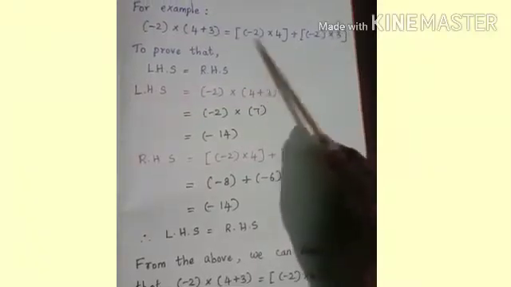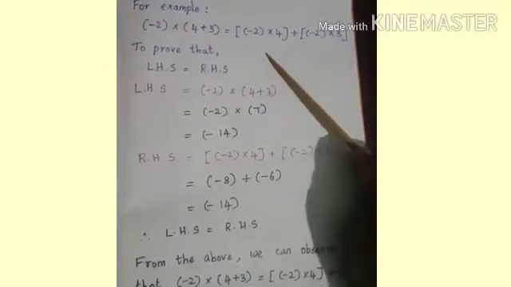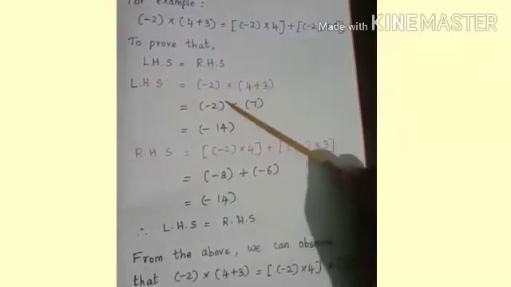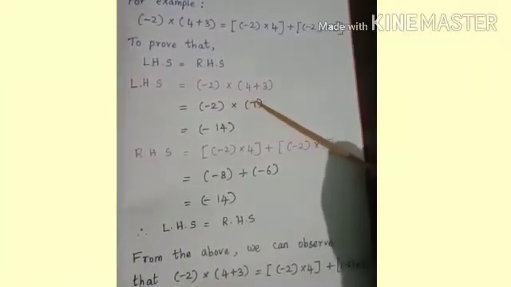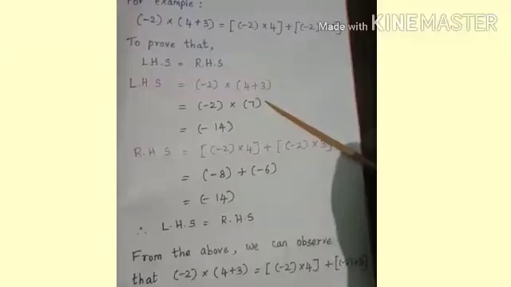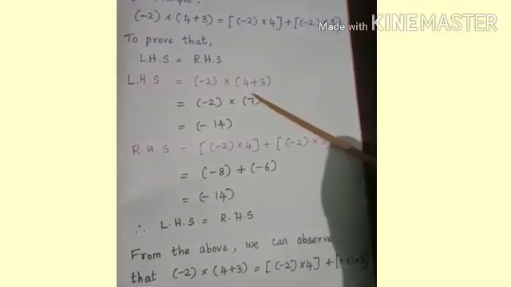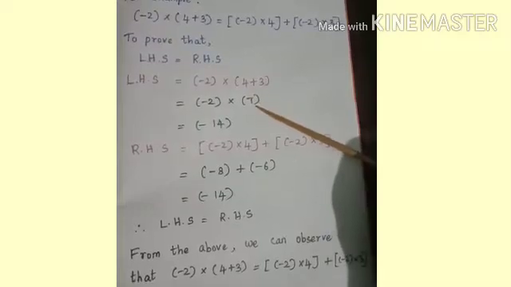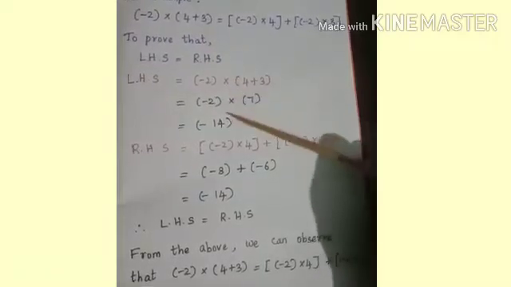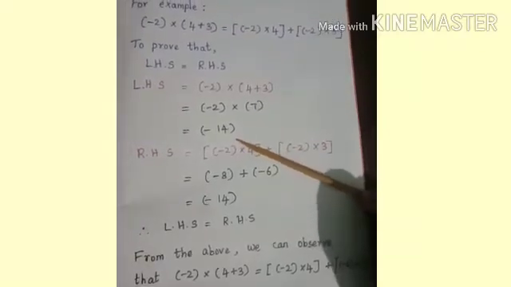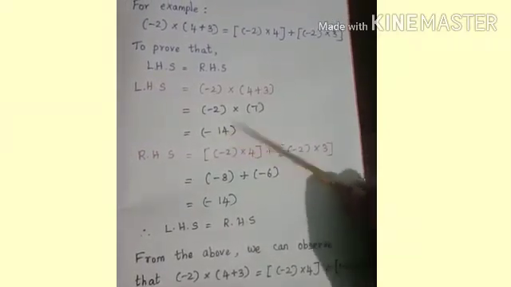Now, let us find the left hand side and right hand side values. First, take down the left hand side expression, that is minus 2 into 4 plus 3. First, add the values within the bracket. That is 4 plus 3 is equal to 7. Now the numerical expression becomes minus 2 into 7.